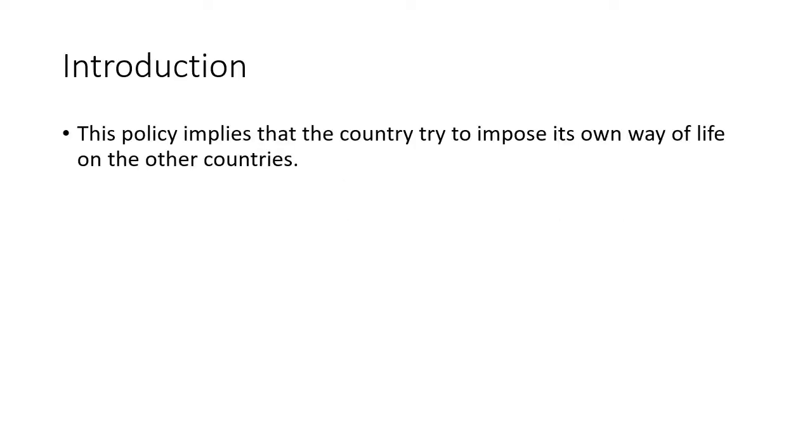But in simple words, national universalism means if a state tries to impose its ideology or tries to inject its ideology in other states, that type of foreign policy is called national universalism. So this policy implies that a country tries to impose its own way of life on other countries.